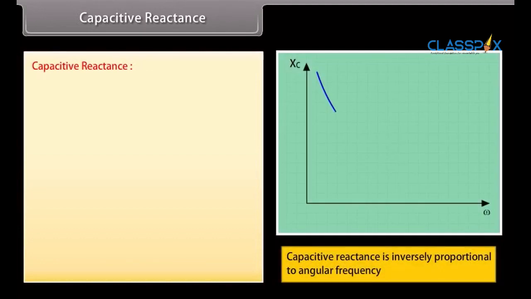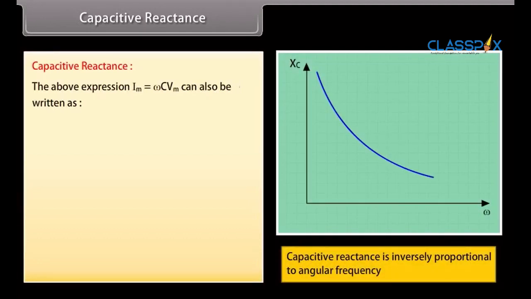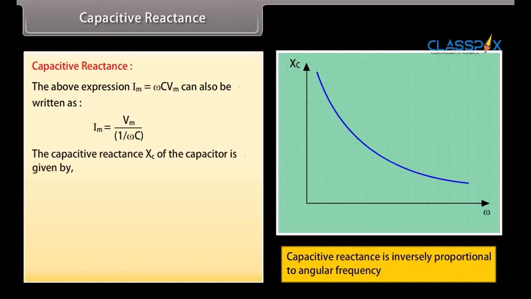Capacitive reactance. The above expression Im = omega C Vm can also be written as Im = Vm divided by 1/(omega C). The capacitive reactance Xc of the capacitor is given by 1/(omega C).